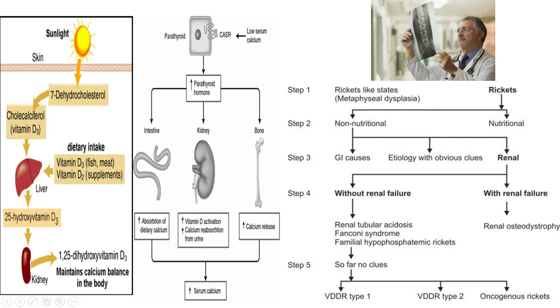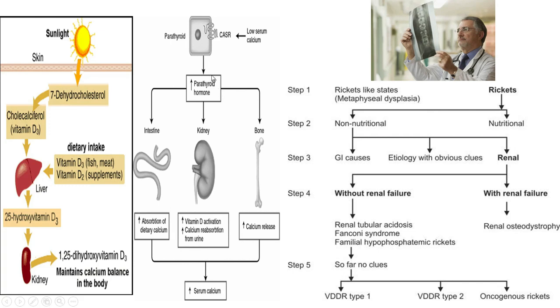And in the kidney, how does it act? It will act by 1-hydroxylation, so the active form of vitamin D3 will be increased, and it also helps calcium reabsorption in the renal tubule. In bone, the parathyroid hormone increases the calcium release into the circulation, because bone is the storage for calcium in our body.